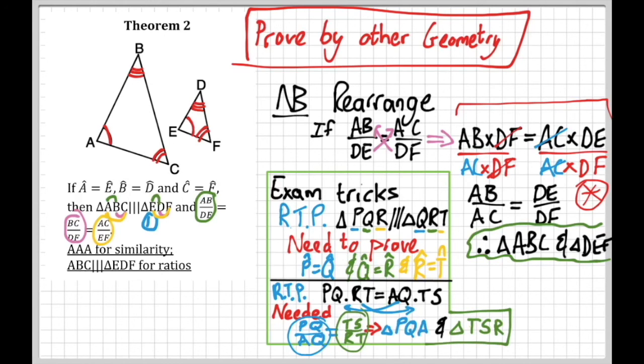So that would mean in my sketch, if I could work in triangle PQA and triangle TSR, and I can prove them similar to each other, then I'd be able to get an expression that leads to that, which in return is going to lead me to what I actually want to prove.